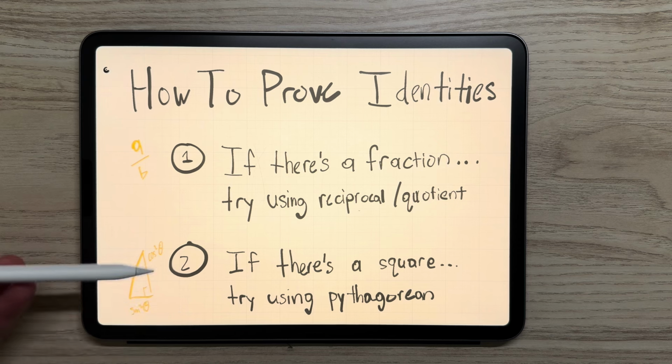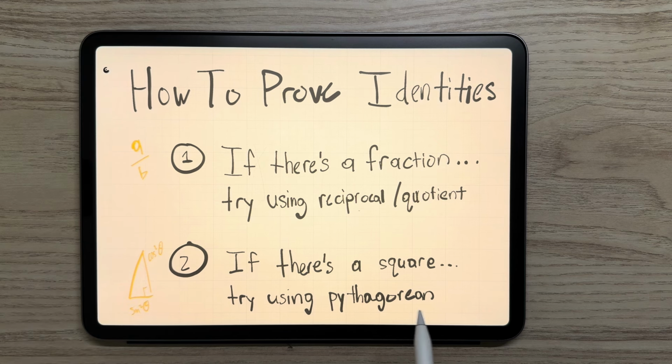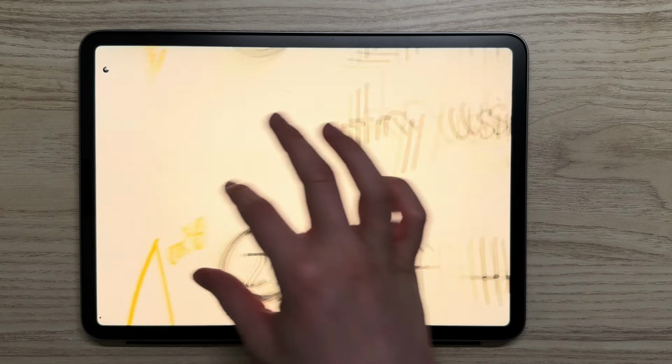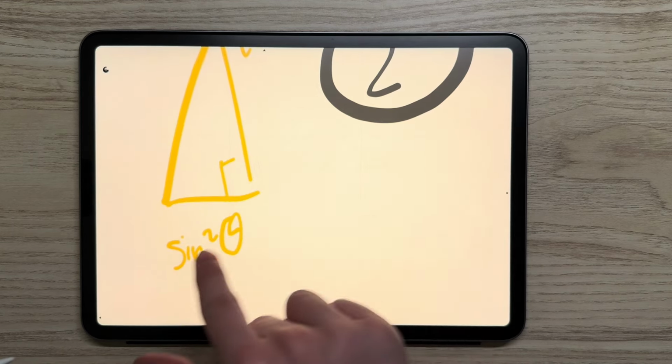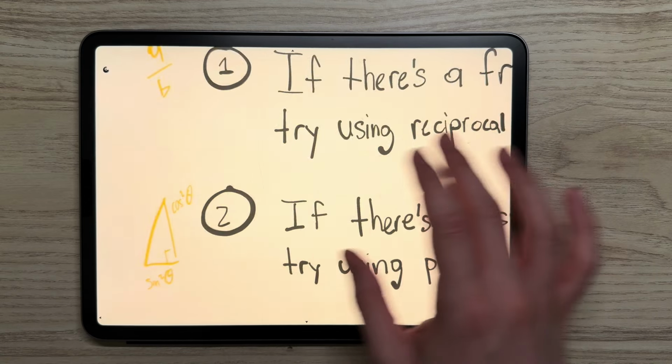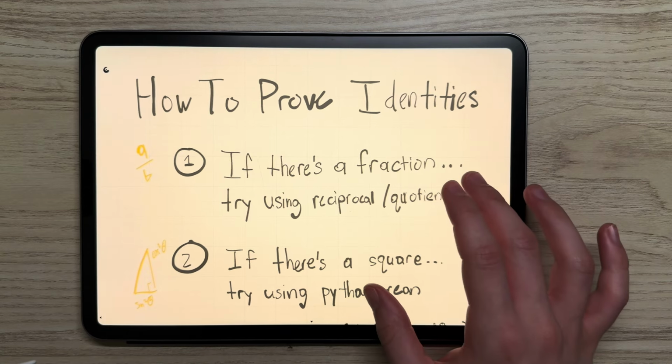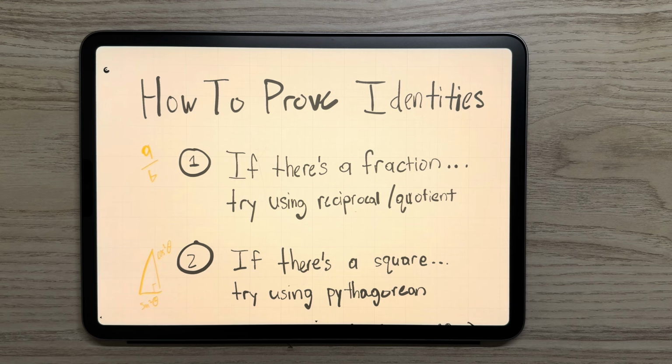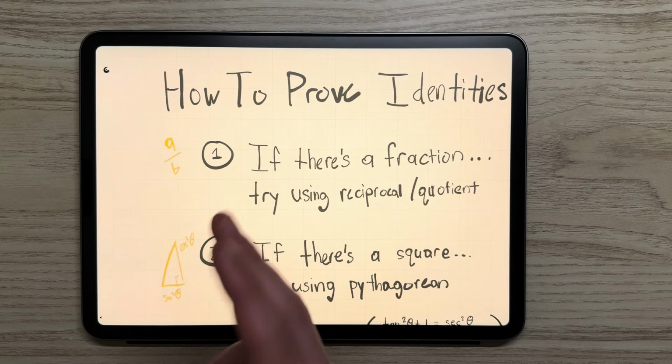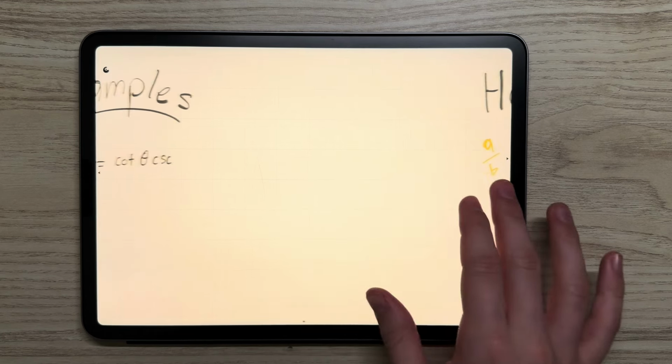The second thing to do is, if there's a square, try using Pythagorean identities. And by a square, I mean things like cosine squared theta and sine squared theta. That's what I mean by squares. So something squared. Because if anything is squared, you could probably substitute it with something else from the Pythagorean identities.